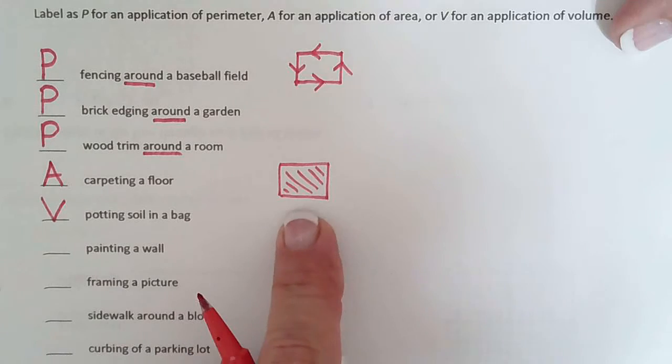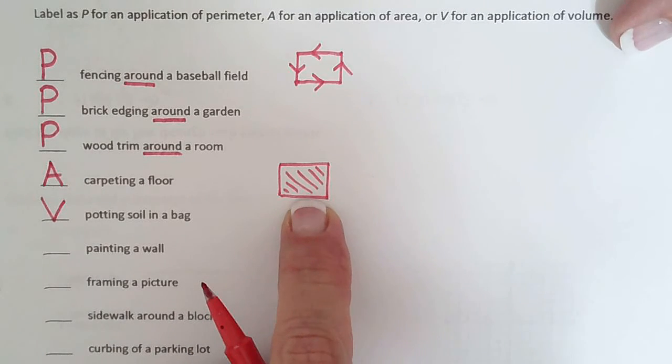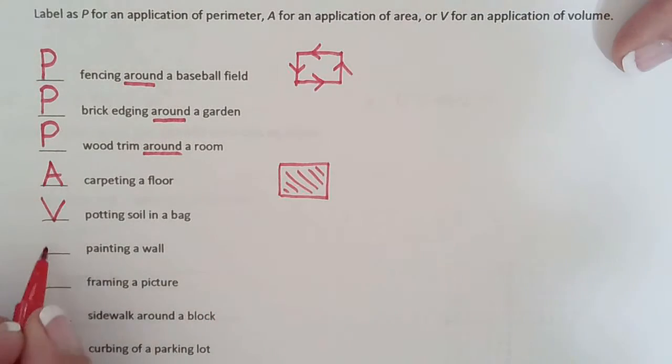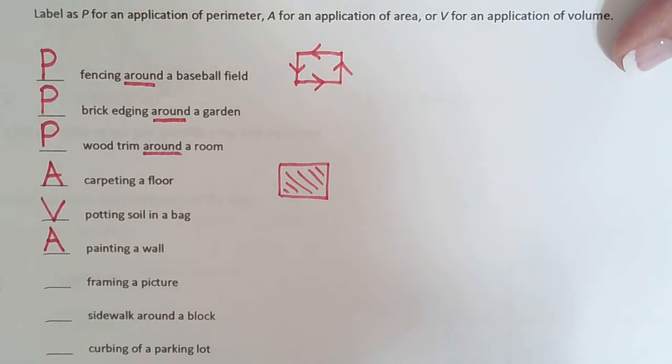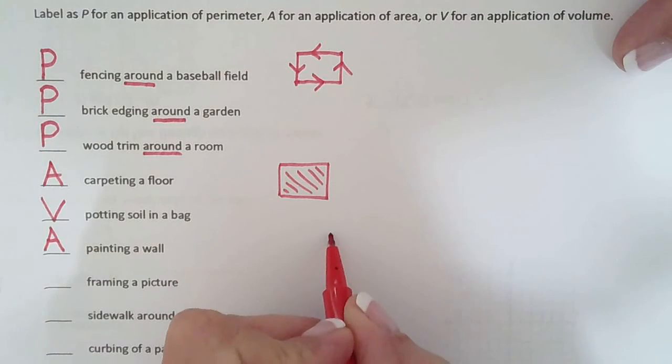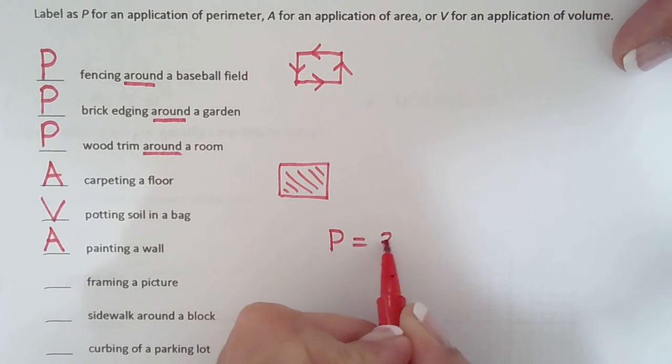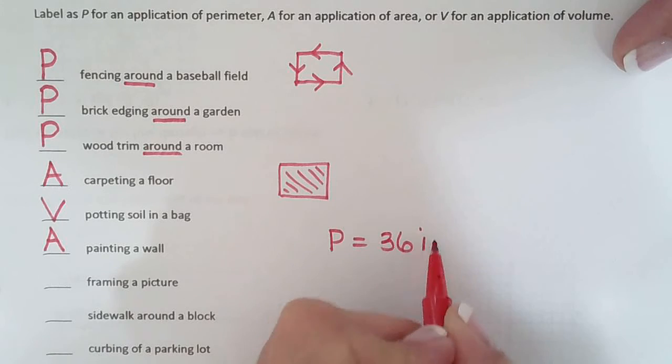Painting a wall, wouldn't that be filling in the wall just like this? Yep, so that's area. Because if you go to a paint store, they're going to say, oh, this paint can cover 65 square feet. Anytime it's square, so if we're doing perimeter, it would be 36 inches.